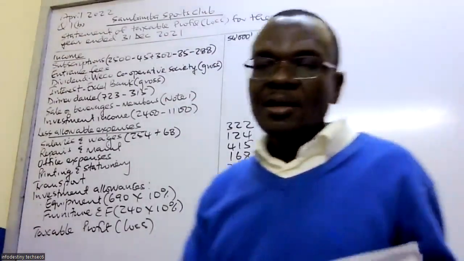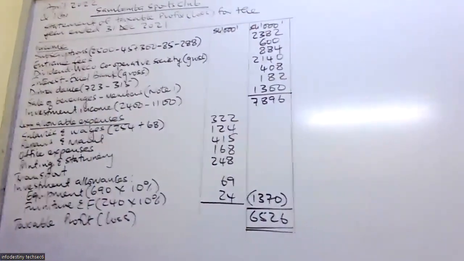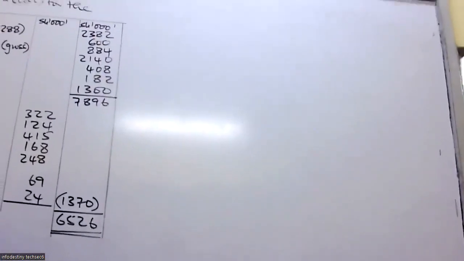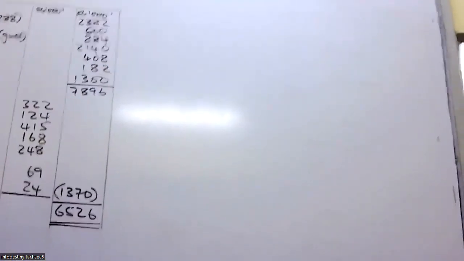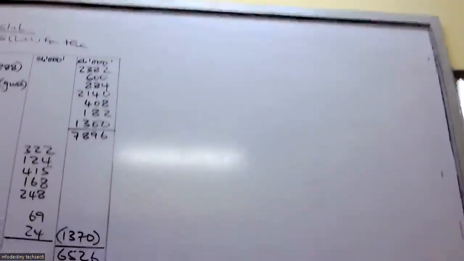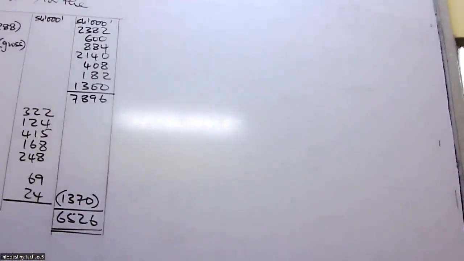So for the second part, the first thing you look for, you adjust premiums so that you can get the amount of premiums received or receivable, because that would be the basis for management expenses.